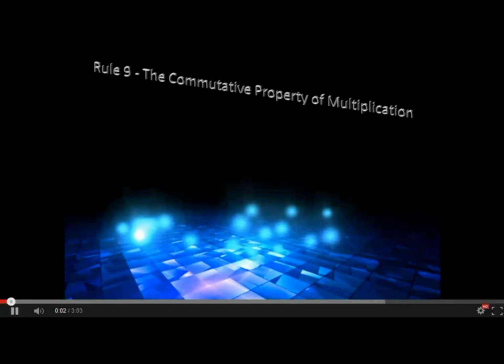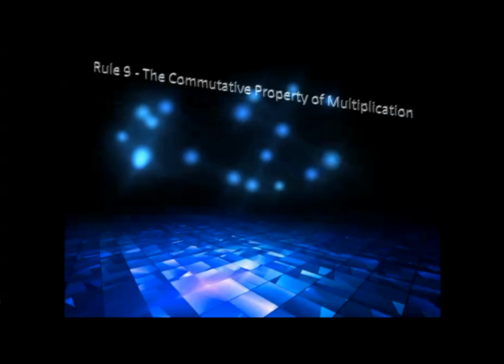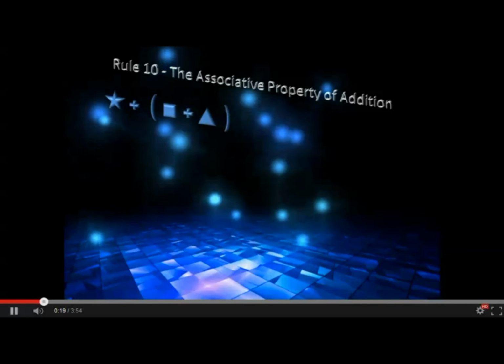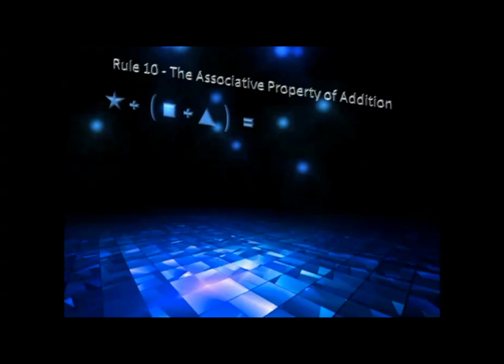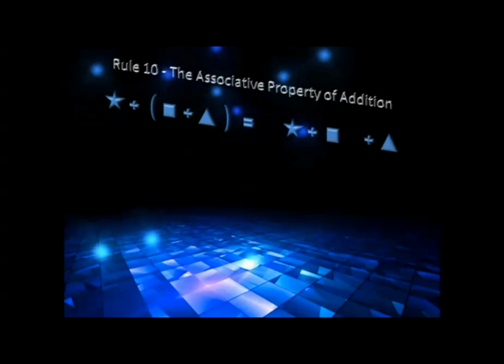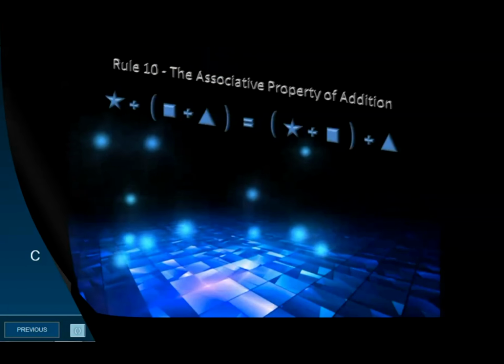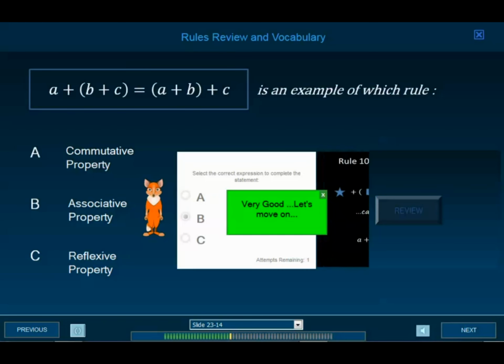Rule 9 is formally known as the commutative property of multiplication. The associative property says that you can regroup the terms in that expression by moving your parentheses in this way. Nicely done.